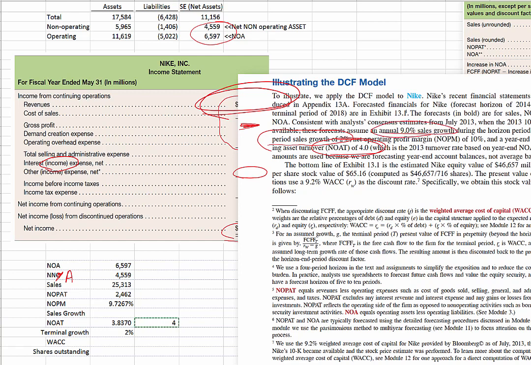Sales growth of 9% right there. So I'm going to drop that in right there. Sales growth of 9%. There's a weighted average cost of capital of 9.2%. I'm going to drop that in right there. 9.2%.